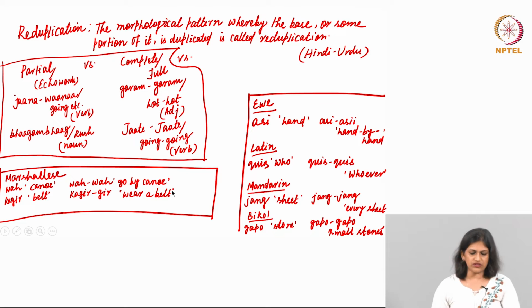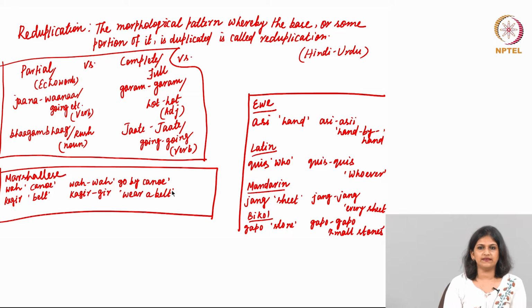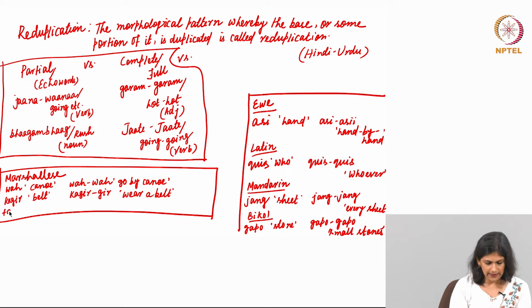So, in such cases, look at example number 2 here, kagir and kagirgir. That means it is a partial reduplication, but sometimes you may not find it very easy to identify exactly which one has been reduplicated, and the problem occurs in a word like takin.